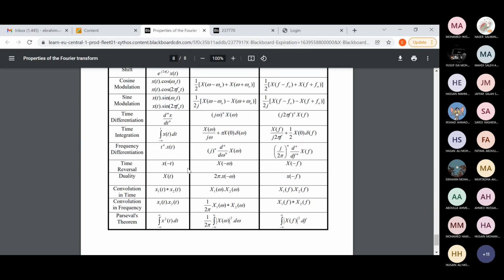So here it's t to n x of t, then find x of omega and n, so take nth derivative.